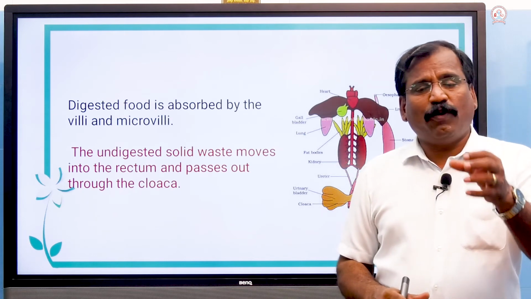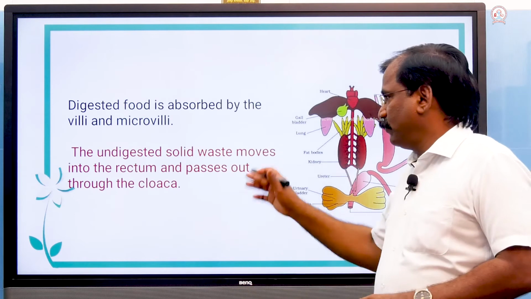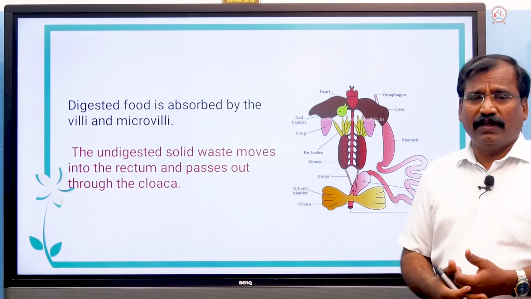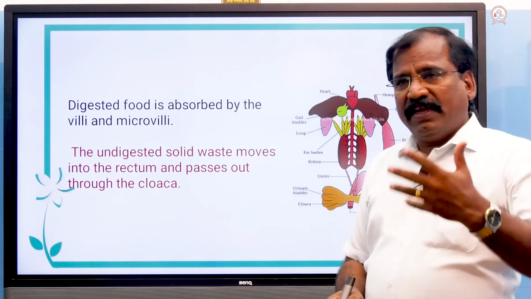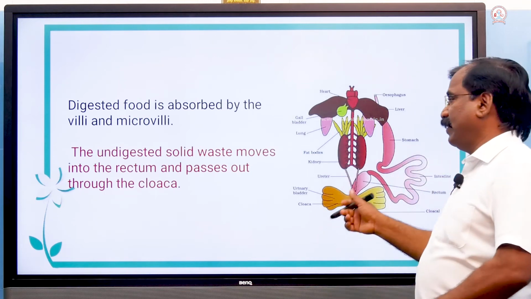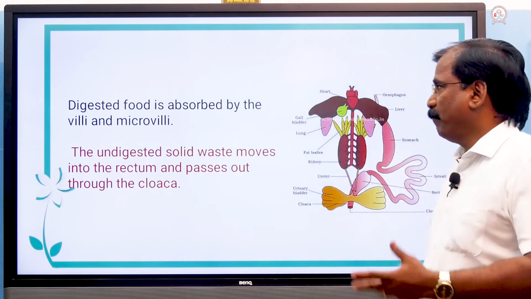One common opening serves all three functions. That's why it is called the cloaca. If it were an anus, it would be meant only for undigested waste material. Here egestion, excretion, and reproduction, everything takes place through the common opening. So that's why this is called the cloaca.